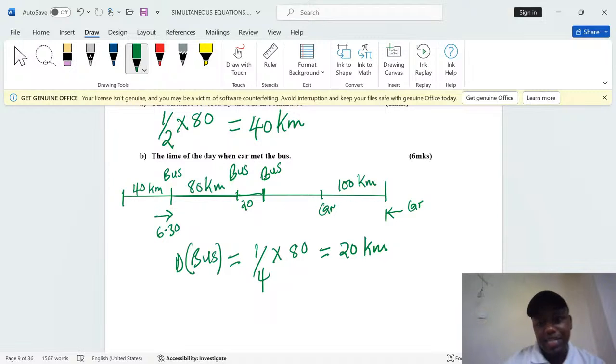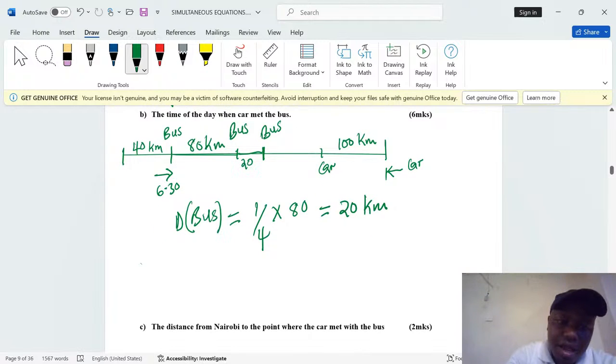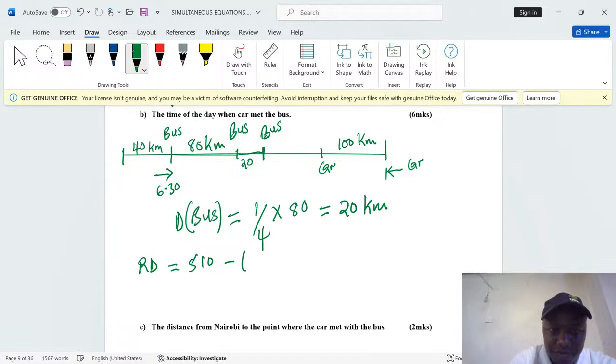Therefore, now there is a distance between the two. So we will talk of a relative distance now being given by 510, and we subtract a distance of 40, 80, and 20. That will be 140. And from the other side, there is a distance of 100.